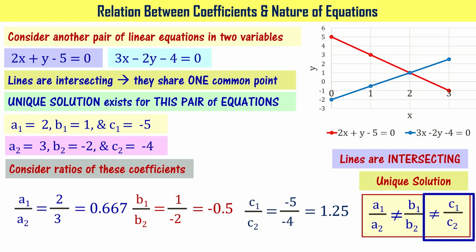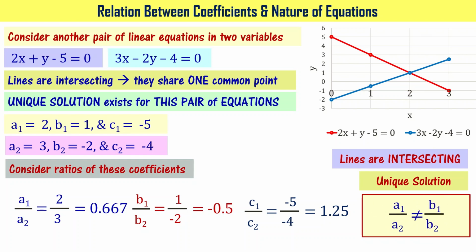We don't really bother about the relation with c1 and c2, and we simply write a1 by a2 not equal to b1 by b2. When the lines are intersecting, the solution is going to be unique and the coefficients relate as a1 by a2 not equal to b1 by b2. Please take a note of this.